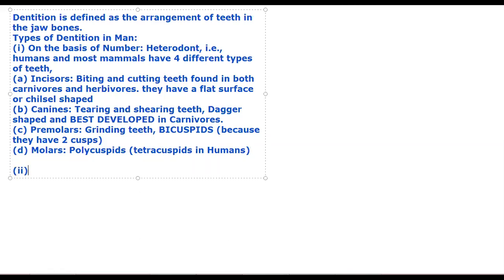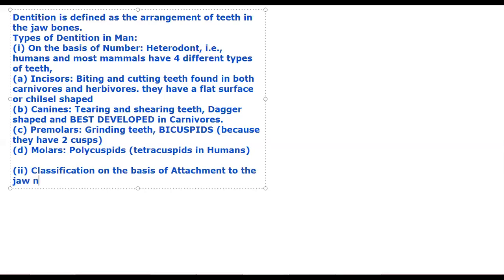Now, classification on the basis of attachment to the jaw bones. Here, our teeth are called thecodont teeth.